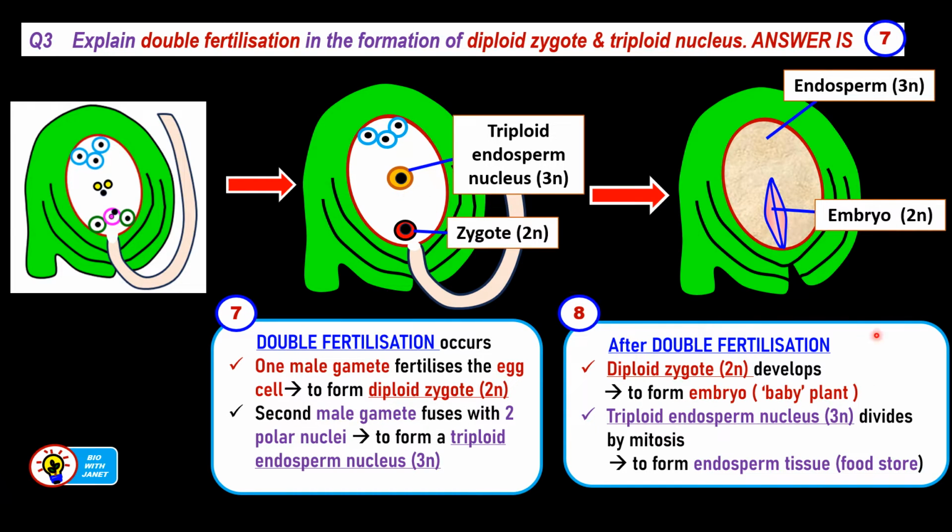Then after double fertilization, the diploid zygote develops to form the embryo or baby plant, whereas the triploid endosperm nucleus divides by mitosis to form the endosperm tissue here, right, which is the food store. We'll be discussing more of this structure in the next video.